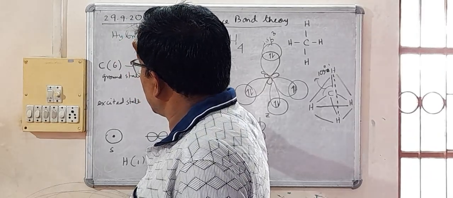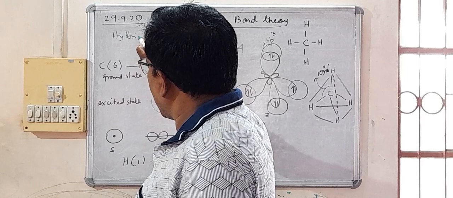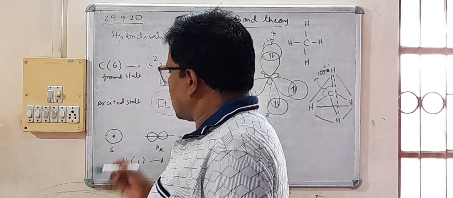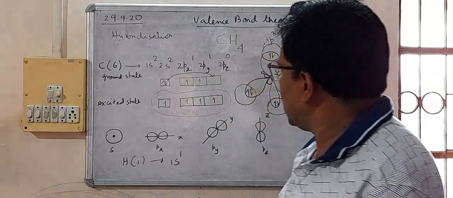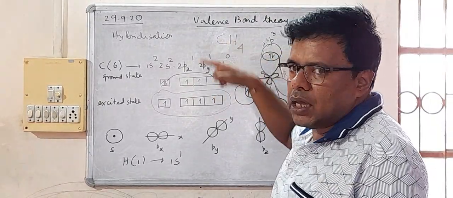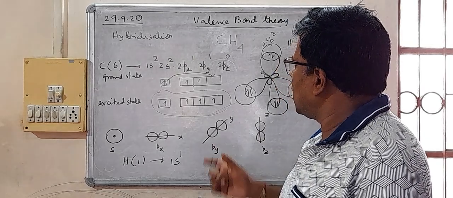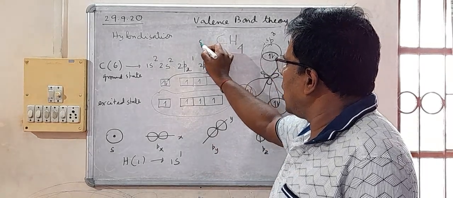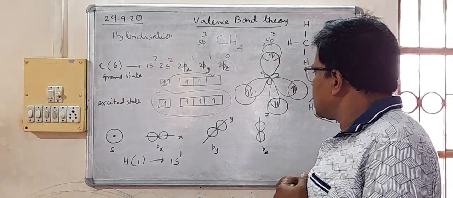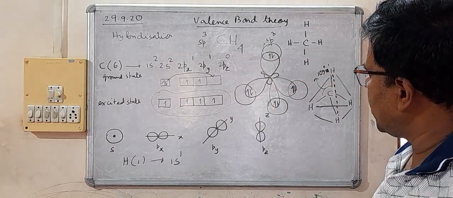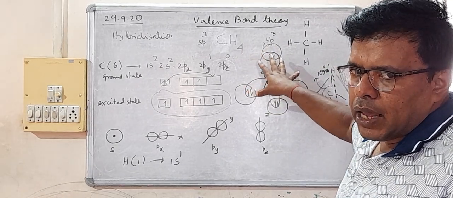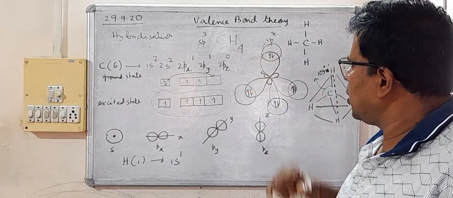This is a very important concept, hybridization, and we say that the carbon atom in methane is sp3 hybridized. This is called the orbital diagram of methane.